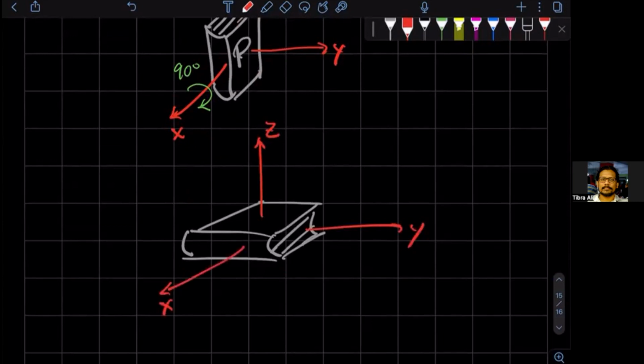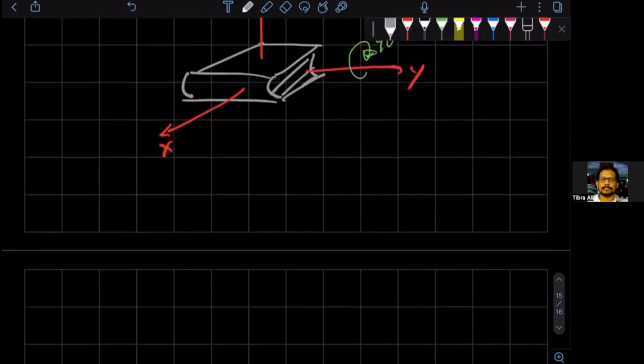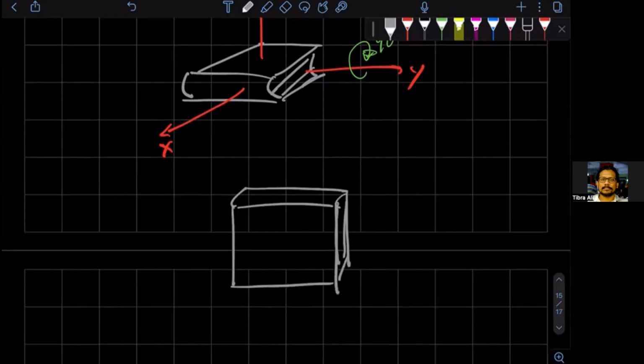And then let's do a rotation around the y-axis by 90 degrees. So if I do that, then the book goes to this configuration.